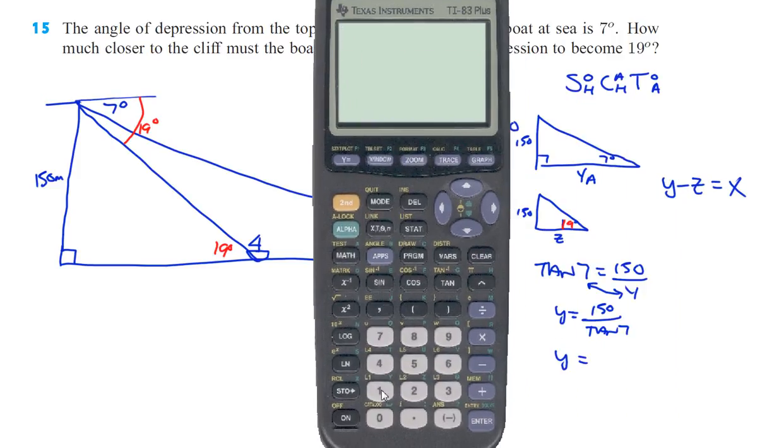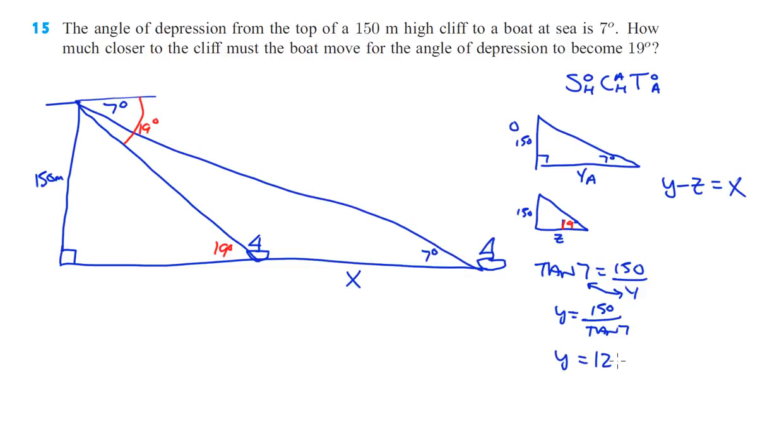Let's do 150 divided by tangent of 7 degrees, which gives us 1221.7. So 1221.7 meters is this total distance here. Let's write that down.